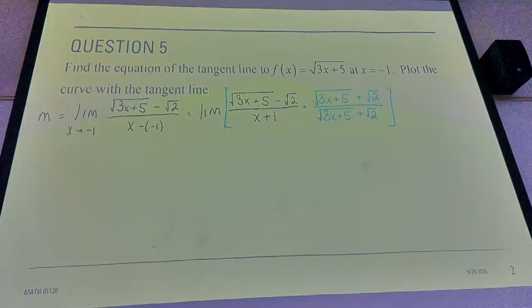Now recall that rationalizing doesn't change the value, because all we're doing is multiplying by 1.